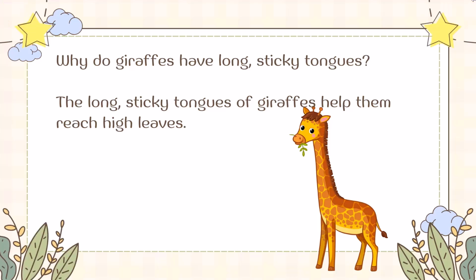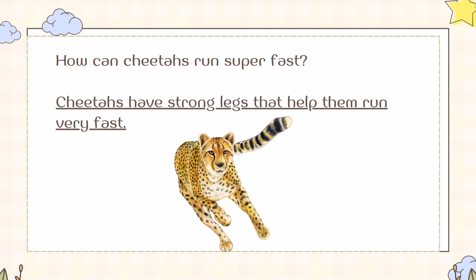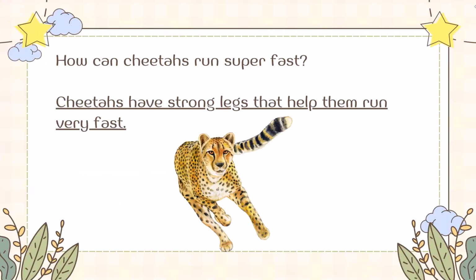Nikit's question: why do giraffes have long, sticky tongues? Forest officer's reply: the long, sticky tongues of giraffes help them reach high leaves. Nikit's question: how can cheetahs run super fast? Forest officer's reply: cheetahs have strong legs and that helps them run very fast.